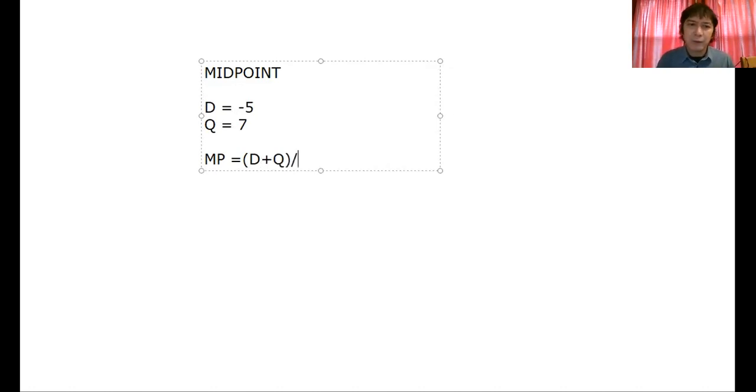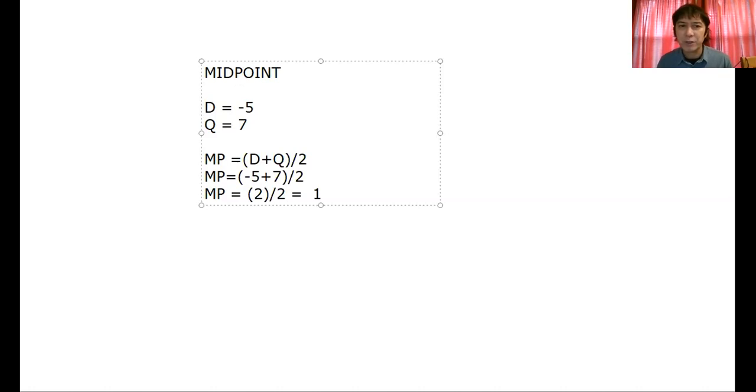So the midpoint is equal to -5 plus Q, which is 7, divided by 2. We have -5 plus +7, that's +2, and then we divide this by 2. That surely is just +1.